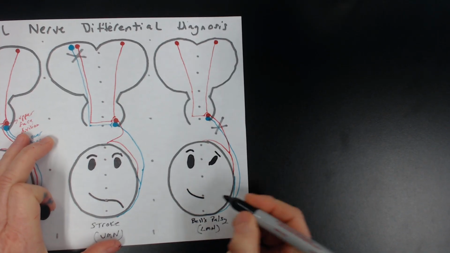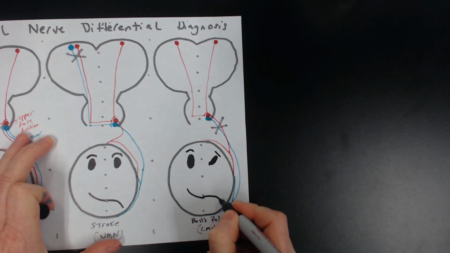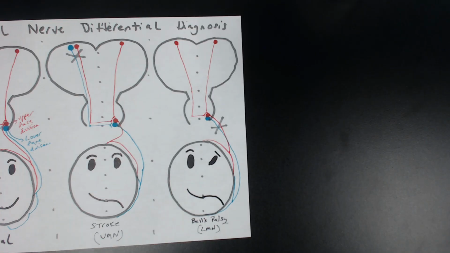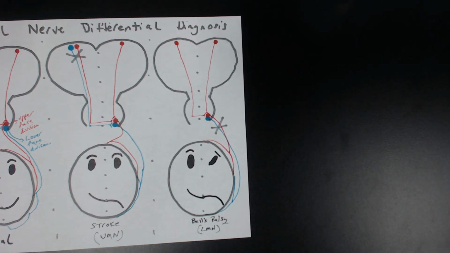Looks like that. And the smile's droopy. All right? So that's the differential diagnosis. Okay, kind of a standard boards question, just FYI for your future. Very standard. Stroke presentation, lower portion of the contralateral face is affected. Bell's palsy, lower motor neuron injury, the entire half of the face is affected.